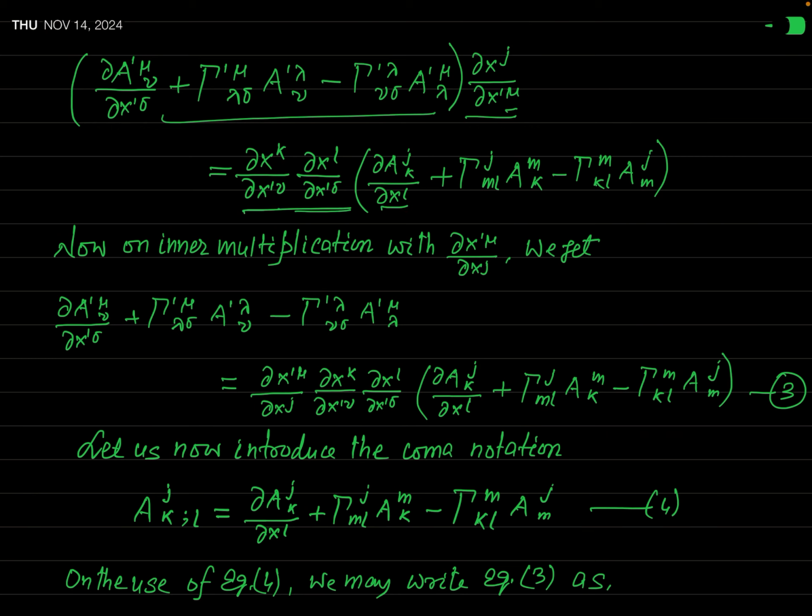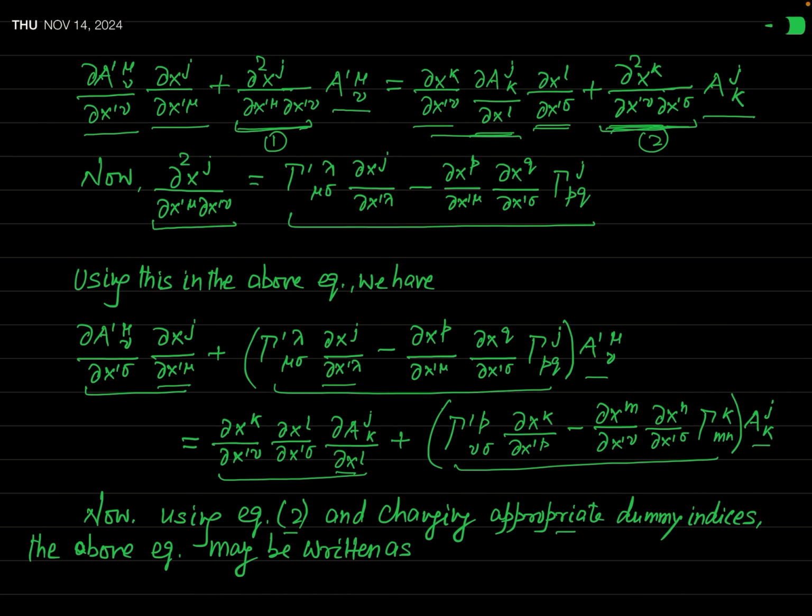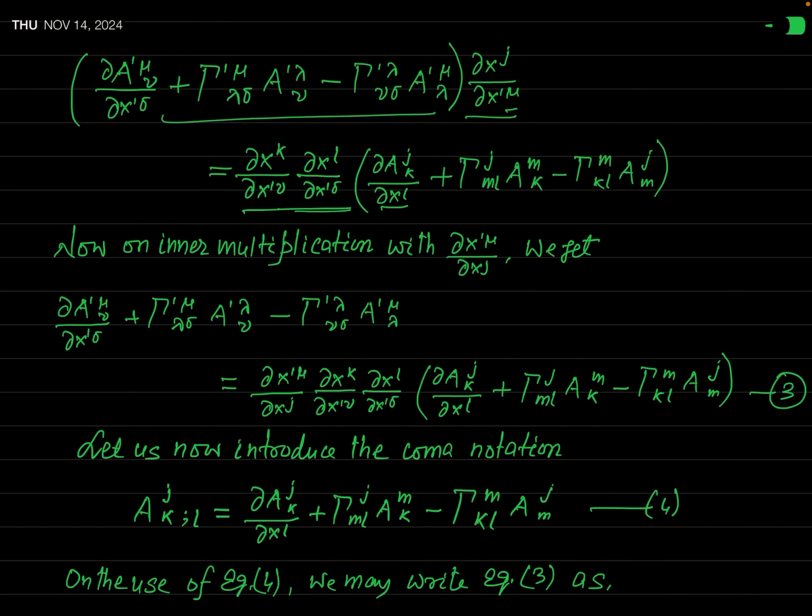This factor has been taken as a common factor, because when you make the proper change of dummy indices and utilize the property of these symbols, then you can write like this, okay.